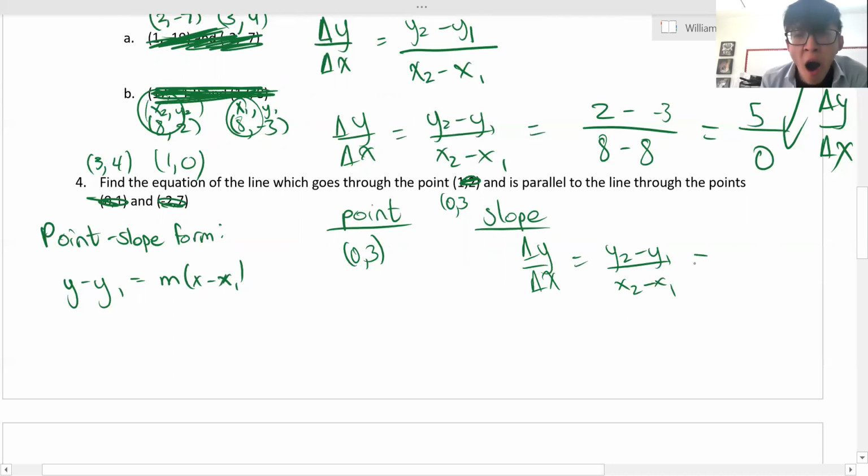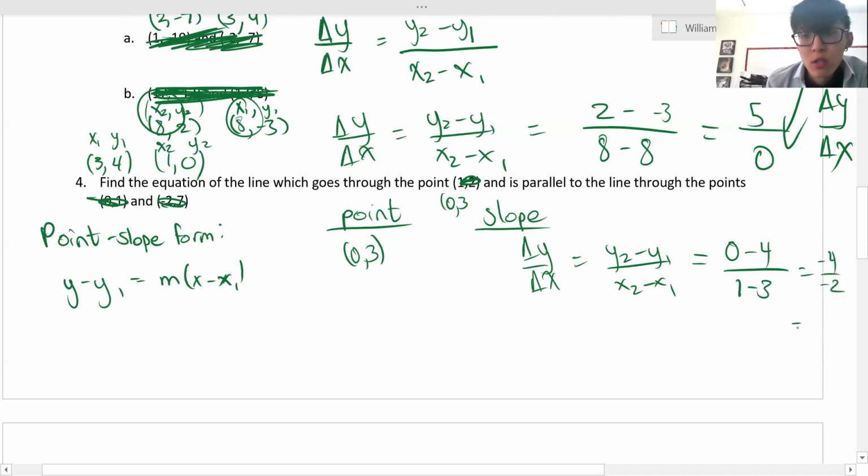So if I label my points, x1, y1, x2, y2, y2 minus y1, that's going to be 0 minus 4. x2 minus x1, that's going to be 1 minus 3, so it's going to be negative 4 over negative 2, which is equal to positive 2. So my slope is positive 2.